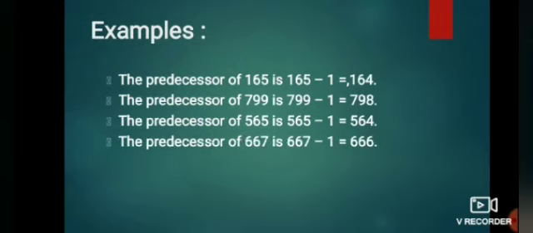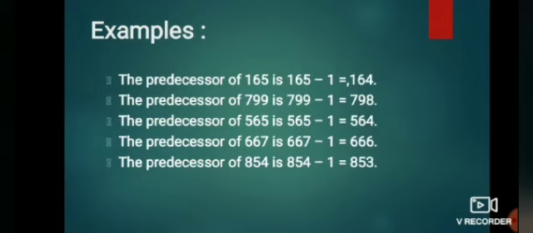Next example, the predecessor of 667 is, just subtract 1 from the given number. So 667 minus 1 equal to 666. So the predecessor of 667 is 666.